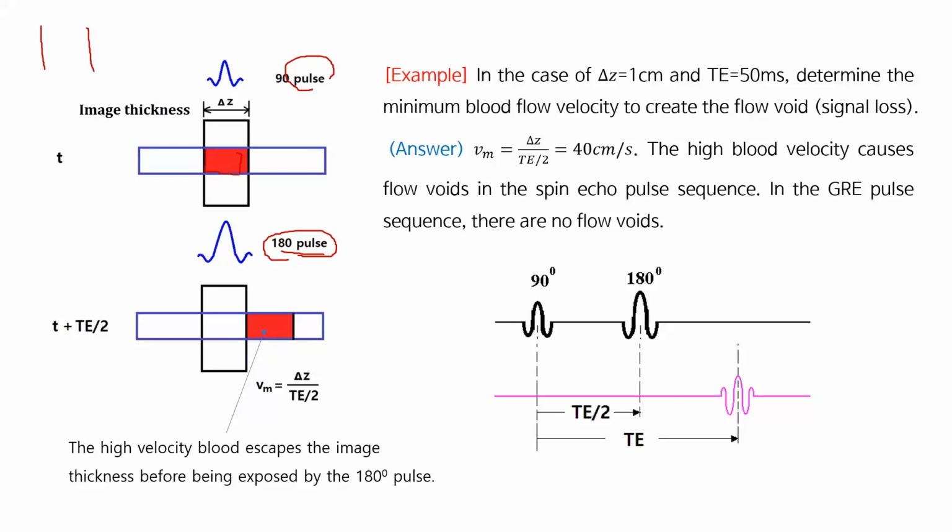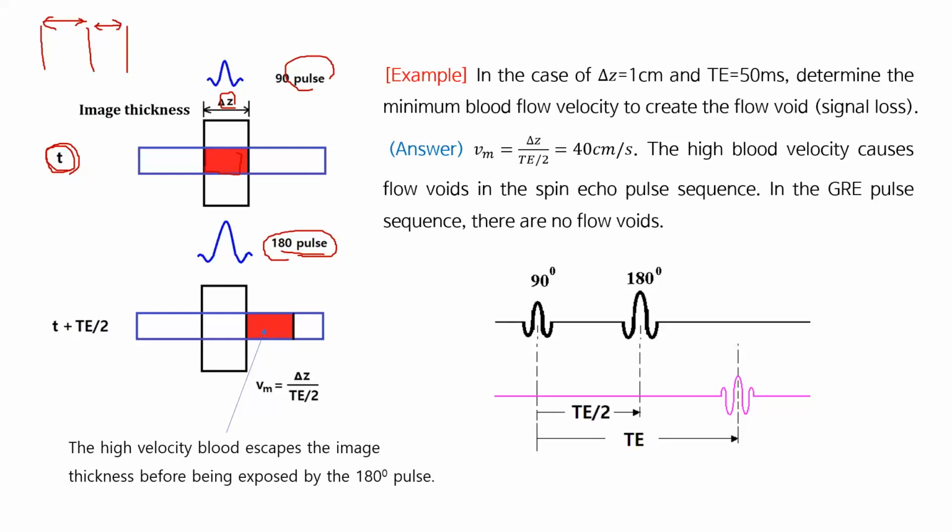Two pulses, the time interval between the 90-degree and 180-degree pulse, and the echo signal appears at the same time interval, half of TE. So at the moment TE, the blood inside the image thickness delta G escapes.